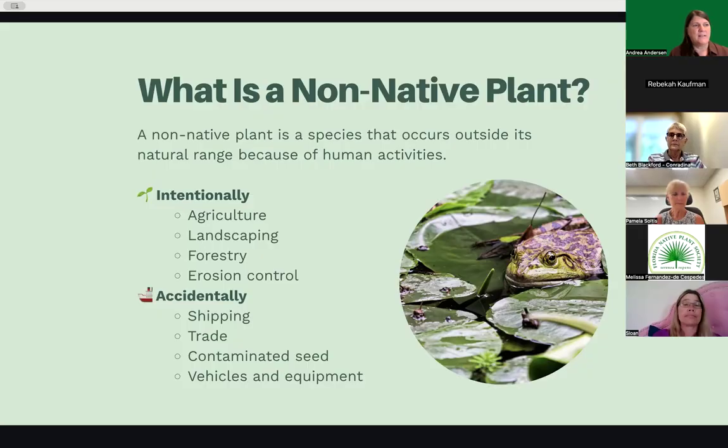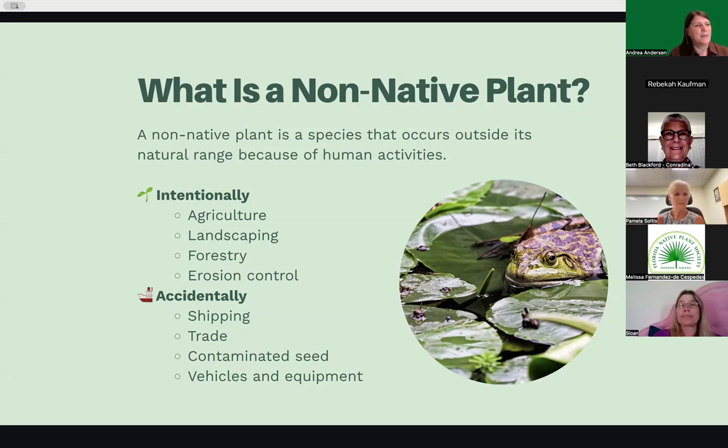Being non-native is a description of a plant's origin, not a judgment about its value or behavior. People have moved plants around the world for thousands of years, and they continue to do so now. Some introductions are intentional. So some plants may be used for agriculture, landscaping, forestry, erosion control, or horticulture, and other introductions happen naturally. But obviously, we, as the Florida Native Plant Society, are promoting native because they're so much better than non-native.